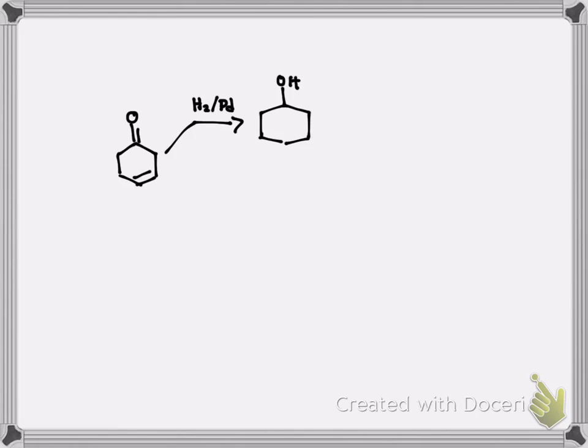Now, in lab, we use sodium borohydride. If you had done sodium borohydride in this reaction, you would have gotten that. So what happened? Only one of the pi bonds got reduced, right? And only the pi bond involving the carbonyl. So inherently, what that tells us is there's something different about the two pi bonds. So I kind of like to do a quick comparison so we can talk about it.